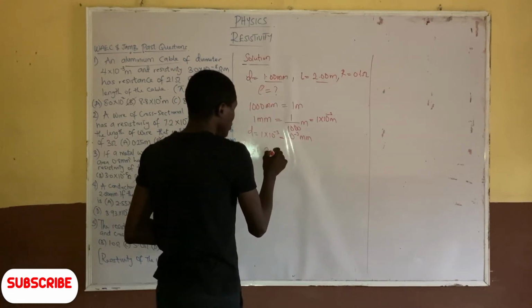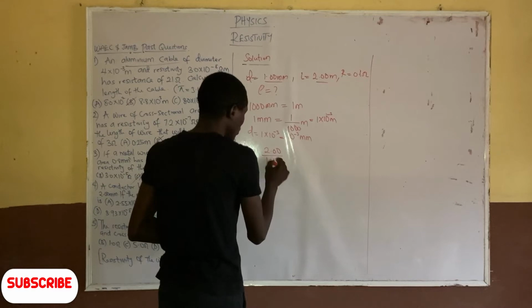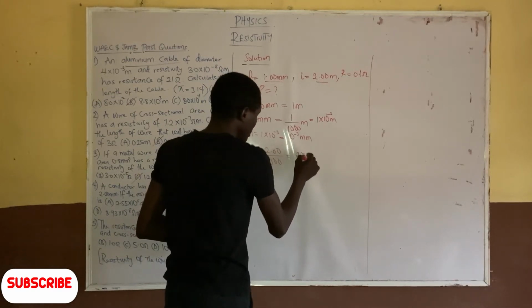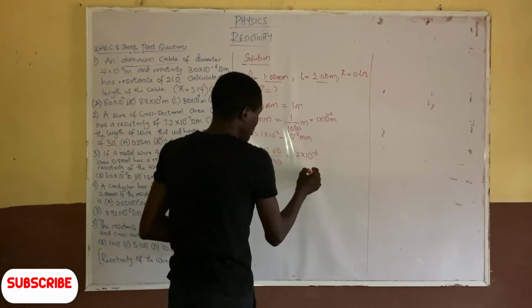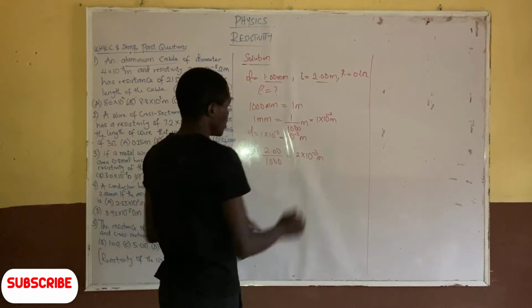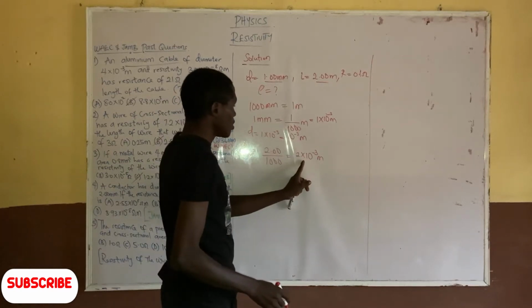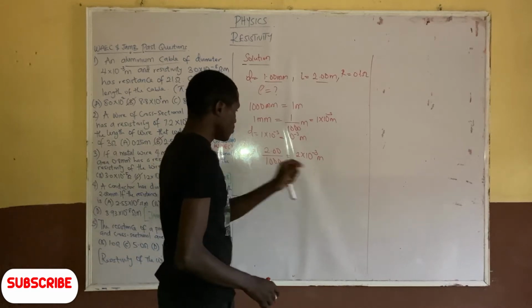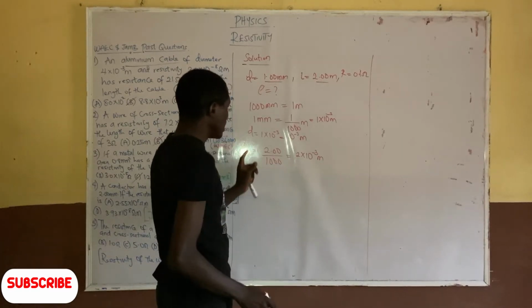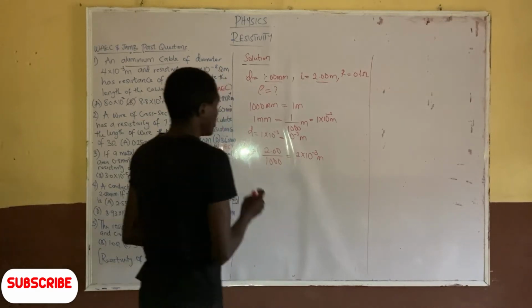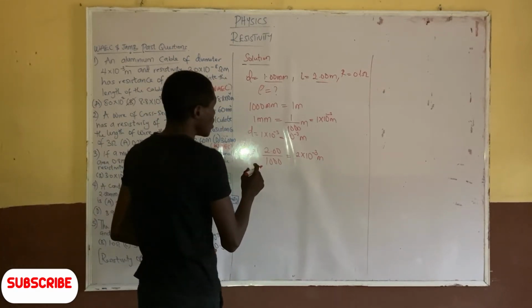So 2.00 millimeter divided by 1000, we have 2 times 10 raised to the power minus 3 meter. So the length is 2 times 10 to the power minus 3 meter, and the diameter is 10 to the power minus 3 meter.